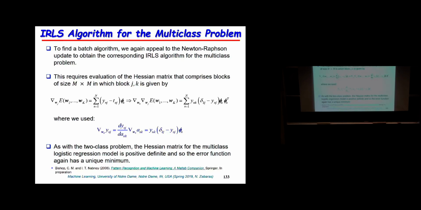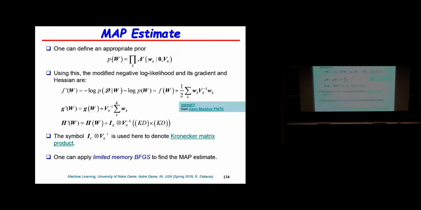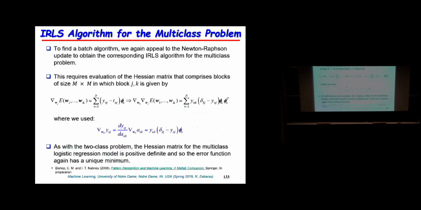I don't know if it's in the slides. It's not in the slides, so basically the formulas we had before for iterative reweighted least squares, you can actually apply the same type of formulas, and we're done.